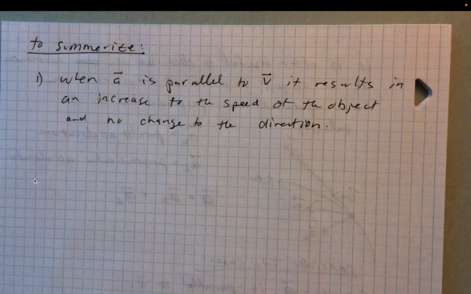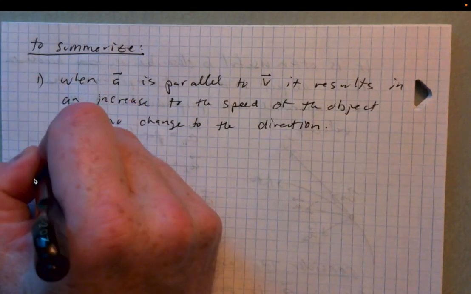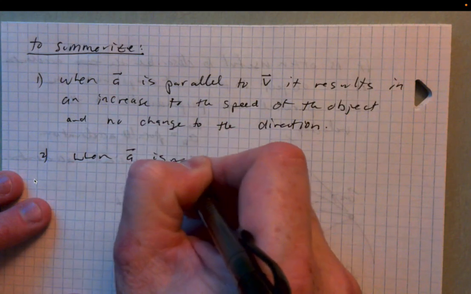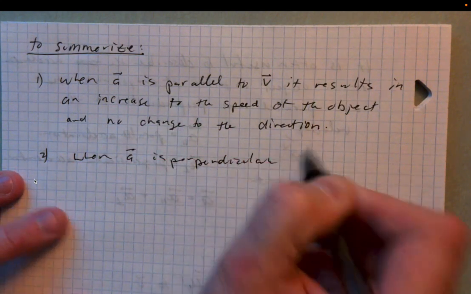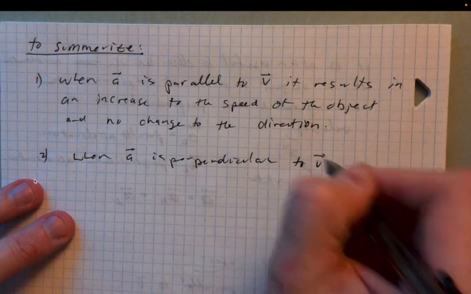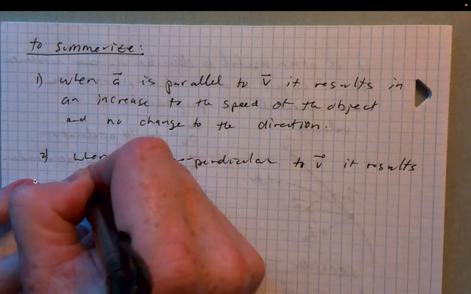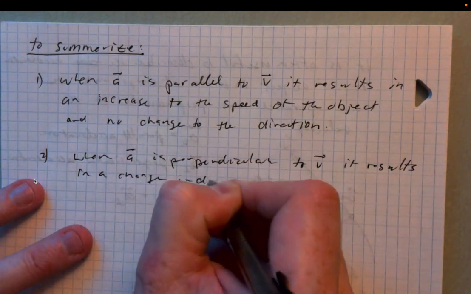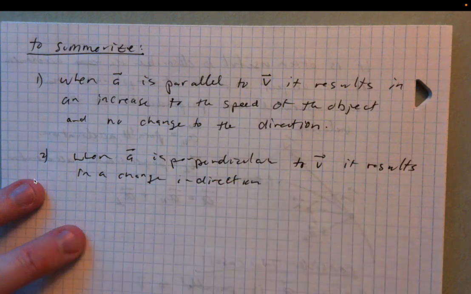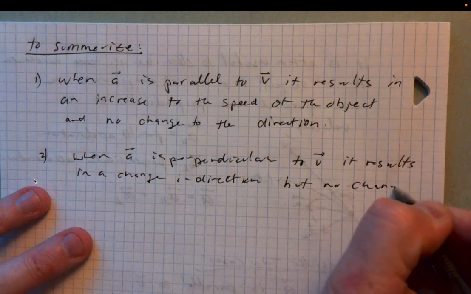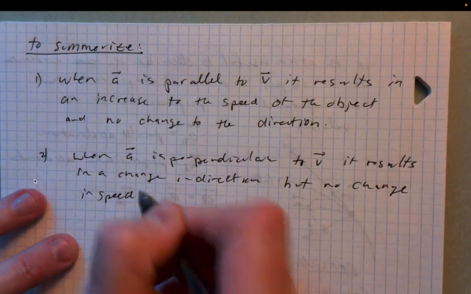So if the acceleration is parallel to V, it's purely adding speed to the object and doing nothing to the direction. And conversely, when A is perpendicular to V, it results in a change in direction, but no change in speed.